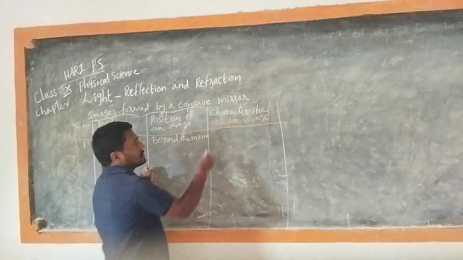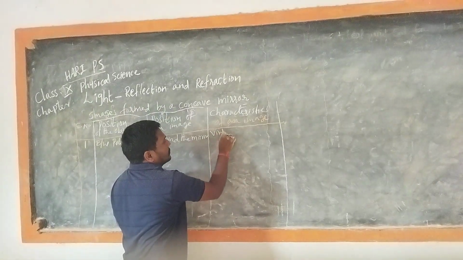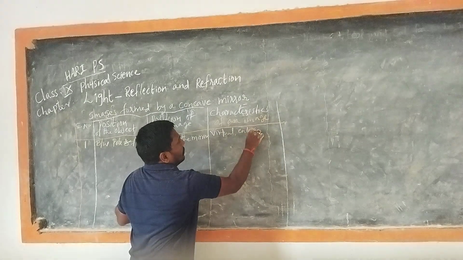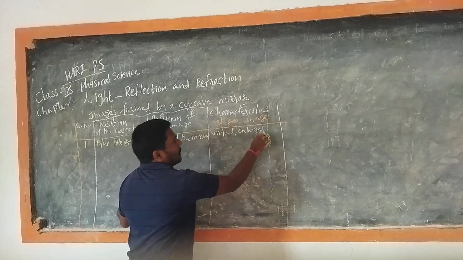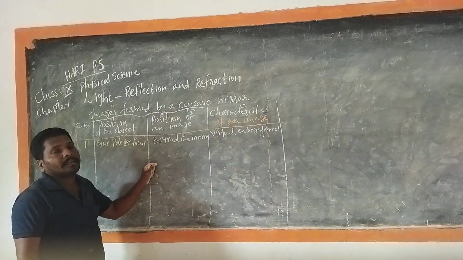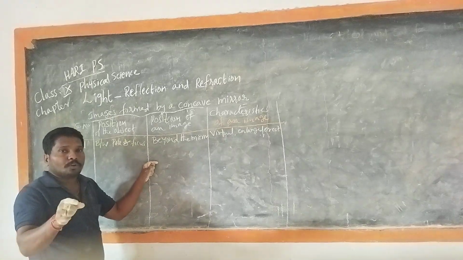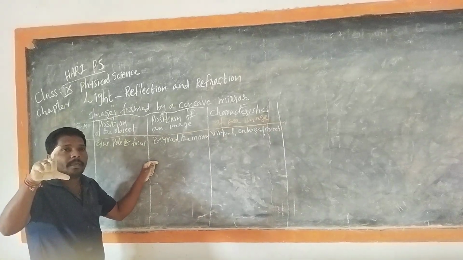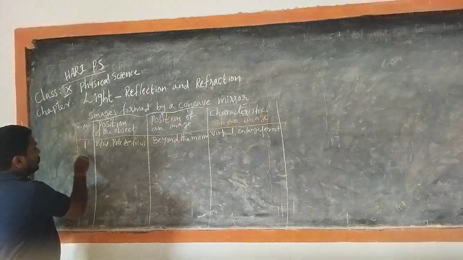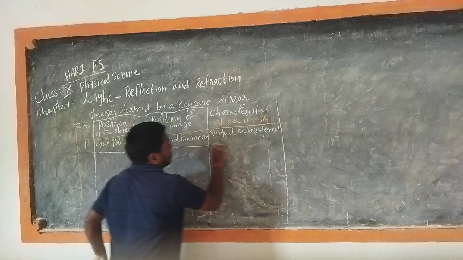Characteristics: virtual image, enlarged and erect. The size of the image is larger than the size of the object. This is the first position.